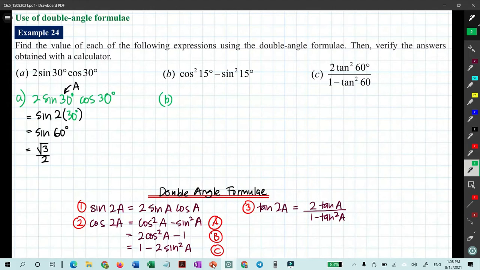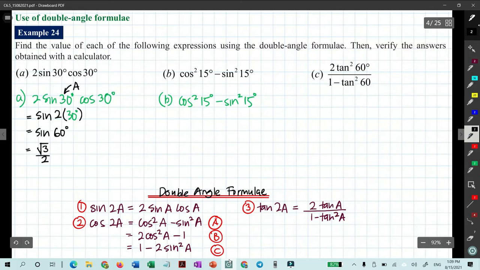Okay, next question B. Cos square 15 degrees minus sine square 15 degrees. By looking at the pattern here, we can easily identify that this question is related to formula number 2A. So cos square 15 degrees minus sine square 15 degrees is equivalent to cos 2A.